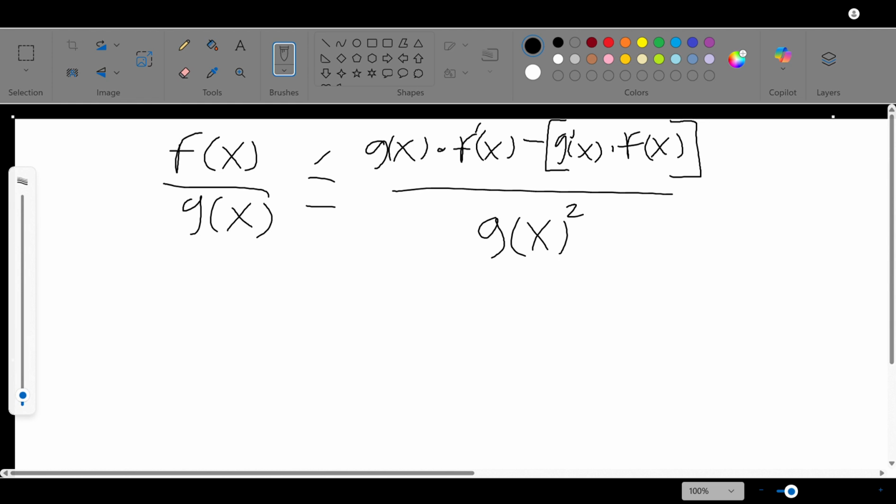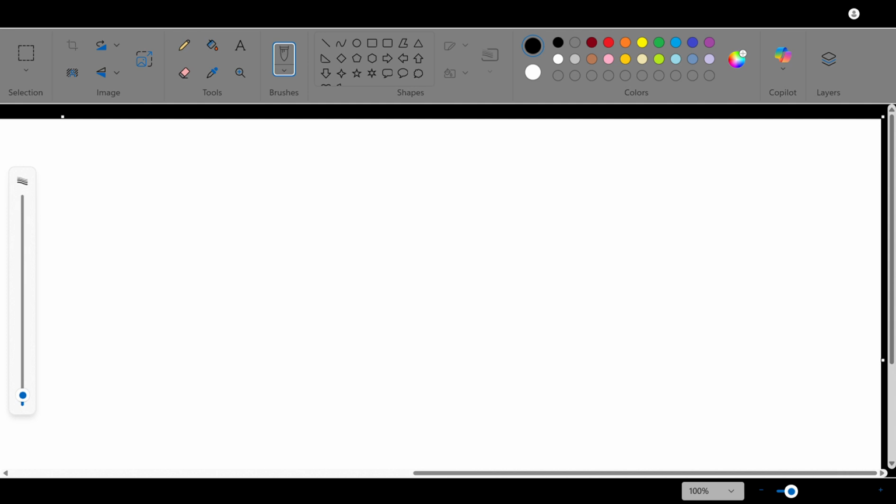So this will look something like this. Let's say you have 4x over 5x squared.